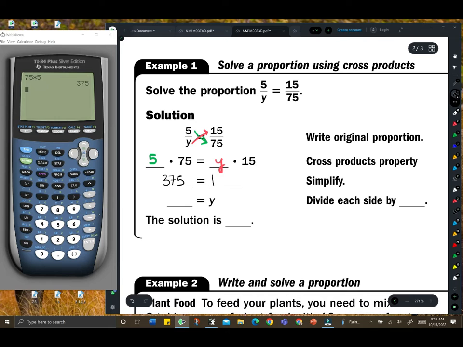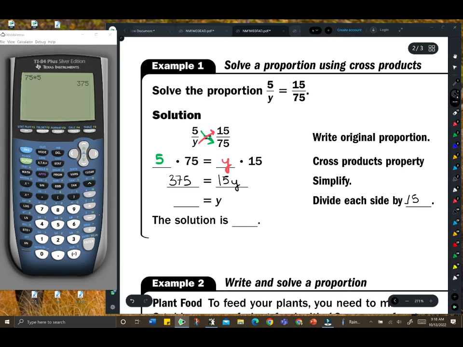On the other side, we have 15y. To solve that, we divide each side by 15. 375 over 15 gives us our answer of 25. So the solution is 25.